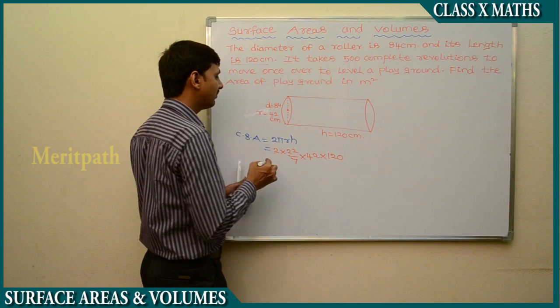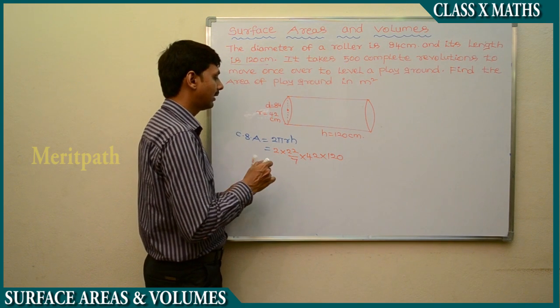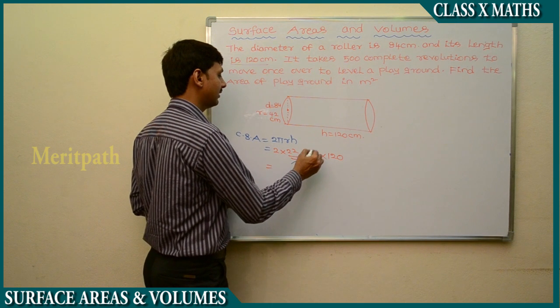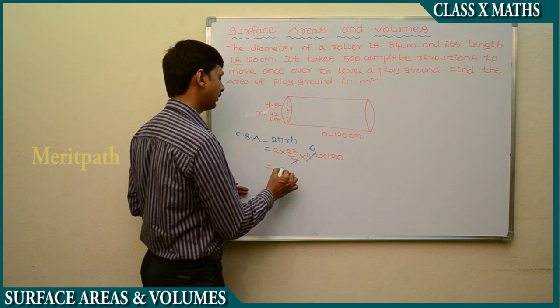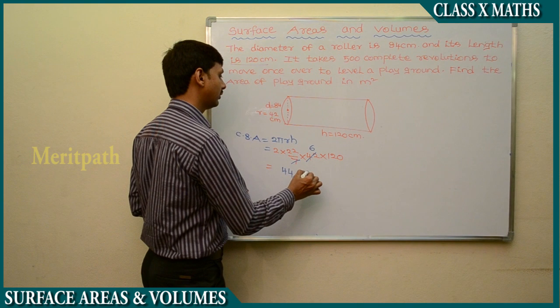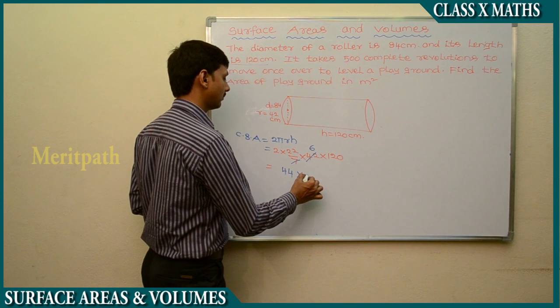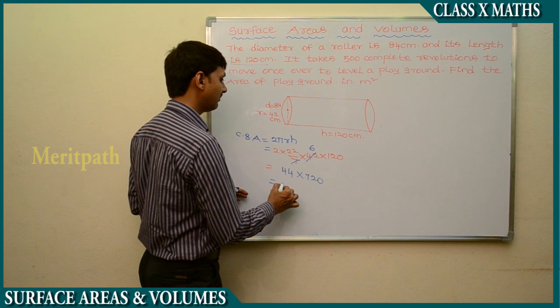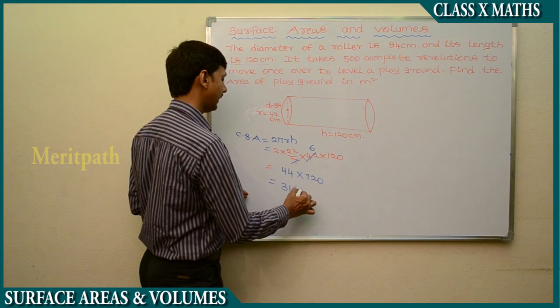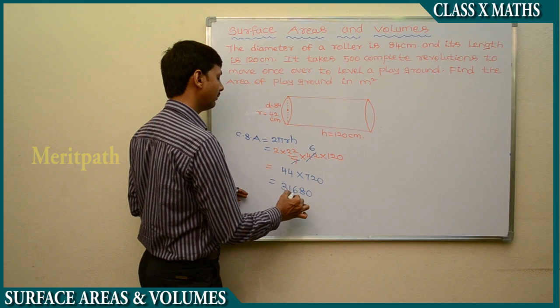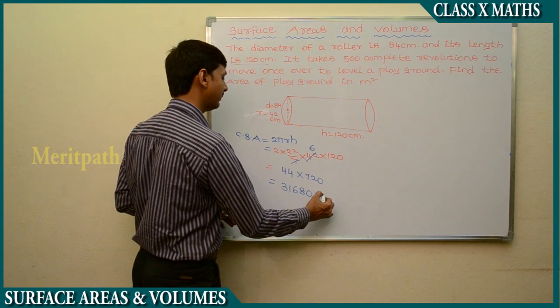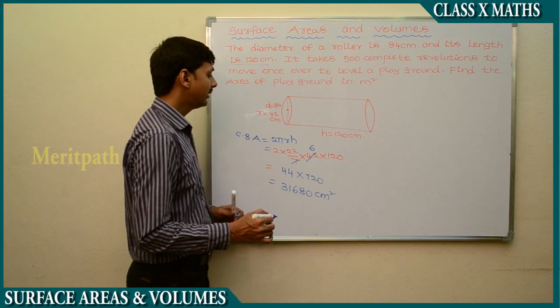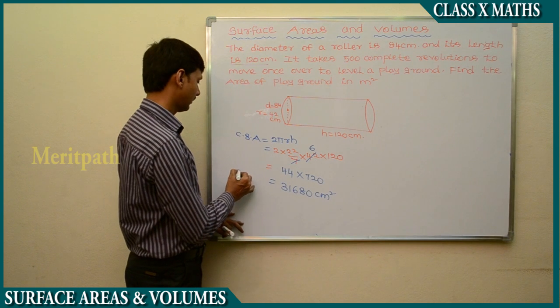Let's simplify this. The 7 table cancels 6 times. We get 2 into 22, which is 44, into 720. After multiplication we get 31,680 centimeters square.